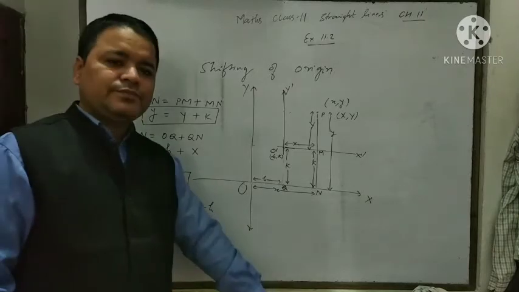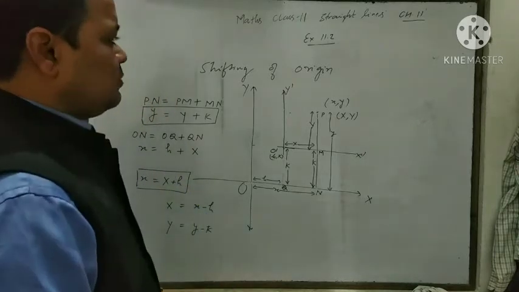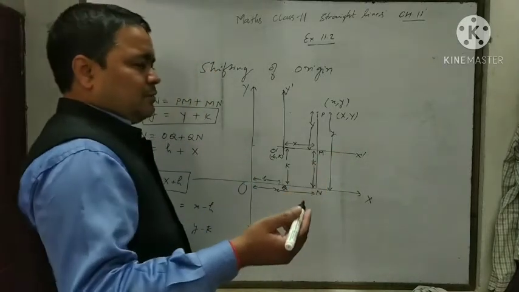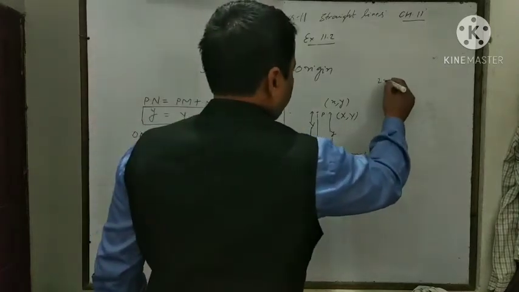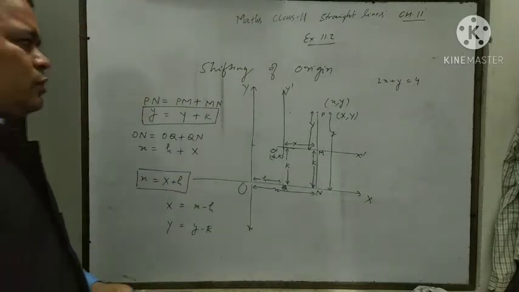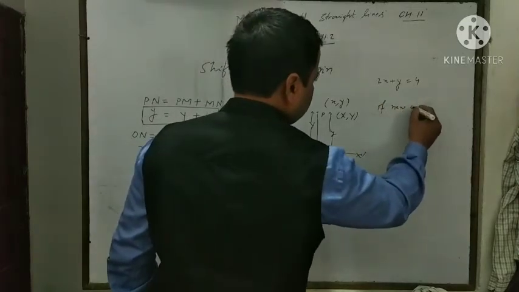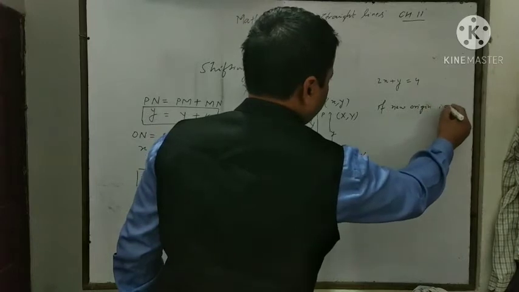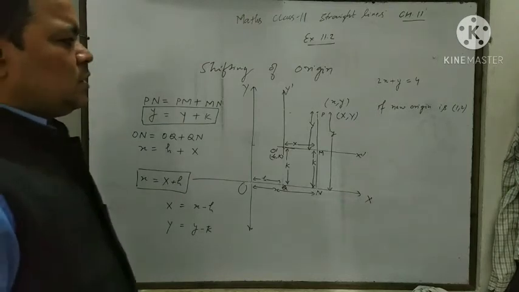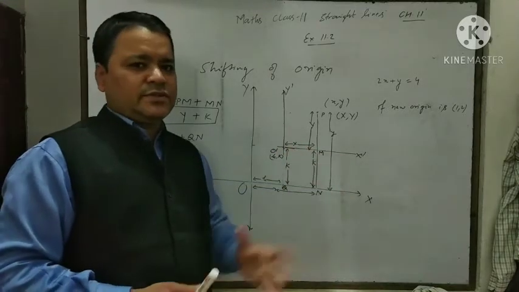We have several uses of this concept. For example, if we have the equation of a straight line, like 2x plus y is equal to 4, and the new origin is (1, 2), then find the equation according to the new coordinate axis.